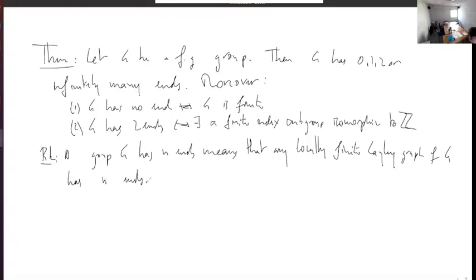So this is well defined because the number of ends is a quasi-isometry invariant.